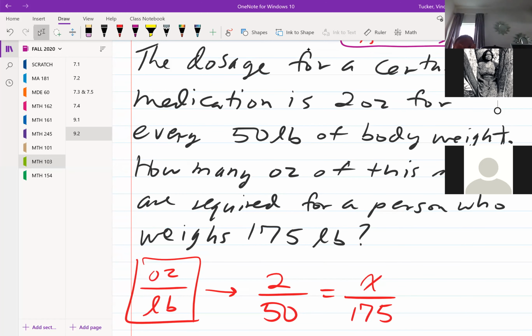I decided to do ounces over pounds, so you keep that consistency throughout your relationship. We have 2 ounces for every 50 pounds, so that's 2 over 50. Then it says how many ounces, which is X, are required for a person who weighs 175 pounds. So it's X over 175.